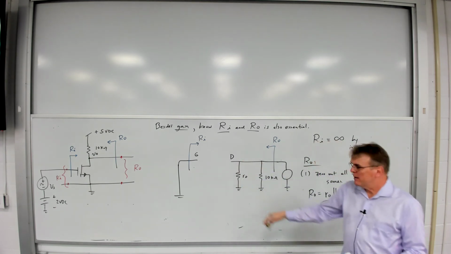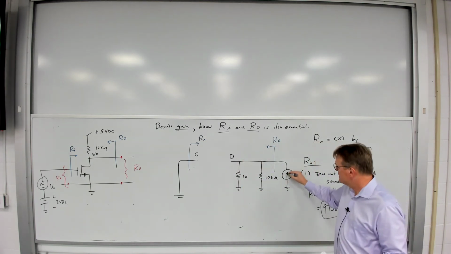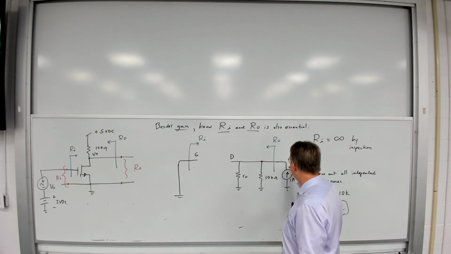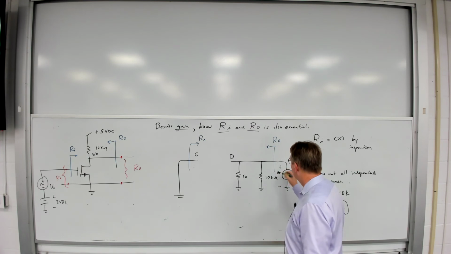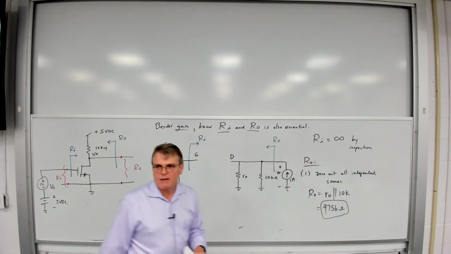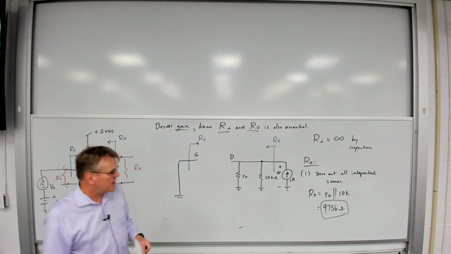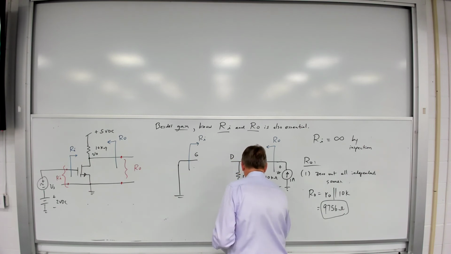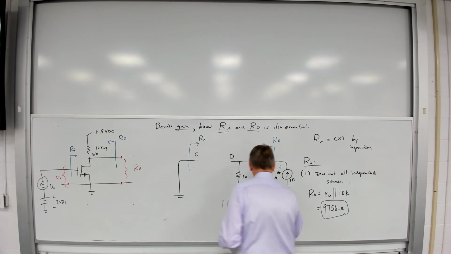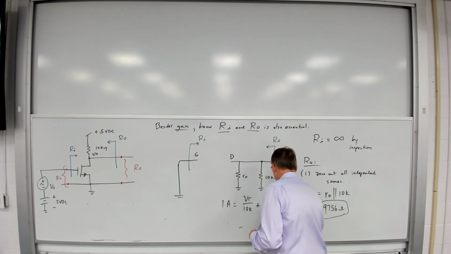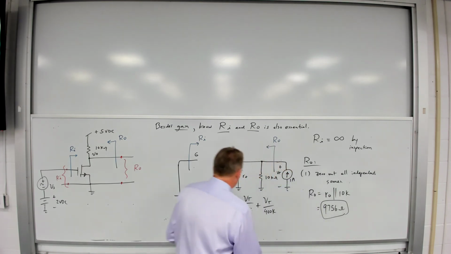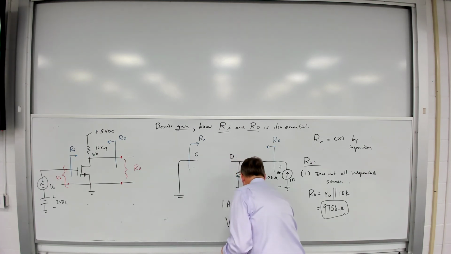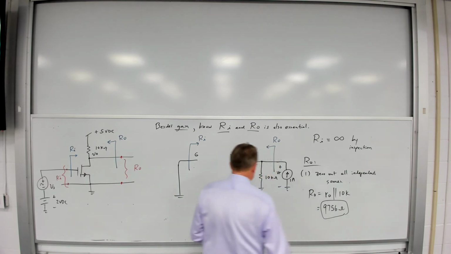Now that I've zeroed out the independent sources, I can use a test source. In this case, let's use a 1 amp test source. Okay? And in this case, we want to find VT, the test value across that test source for our source driving node. So 1 amp going in is equal to VT over 10K plus VT over 400K. Or VT is equal to 9,756 volts.